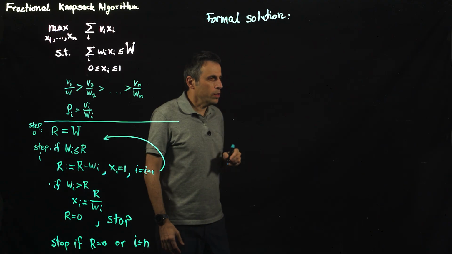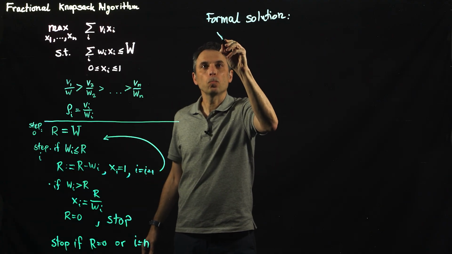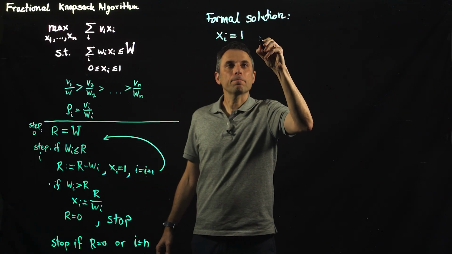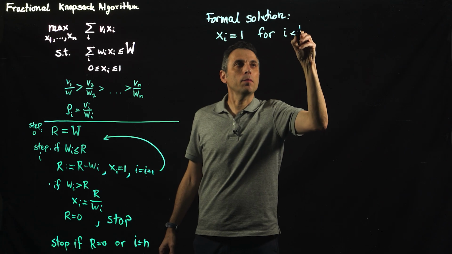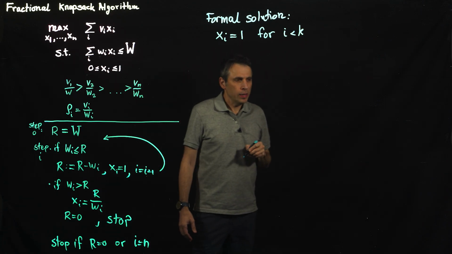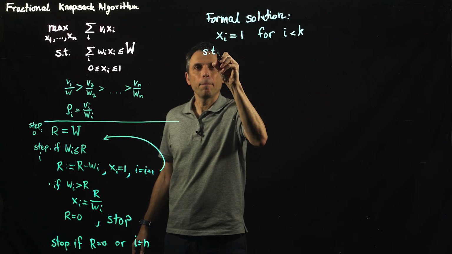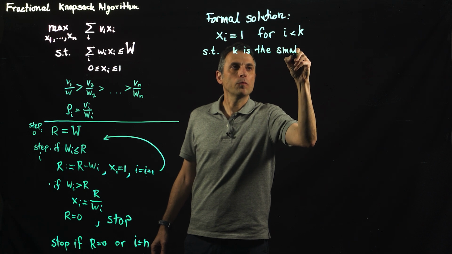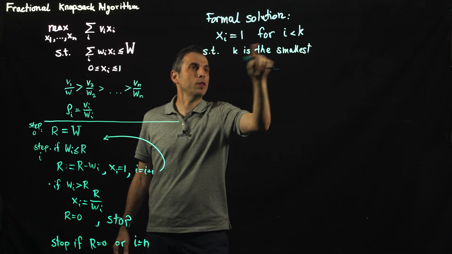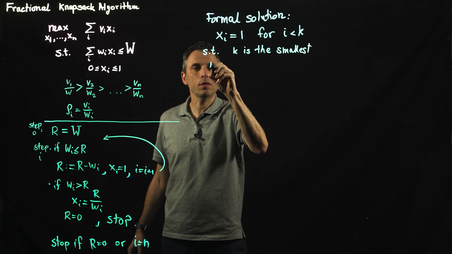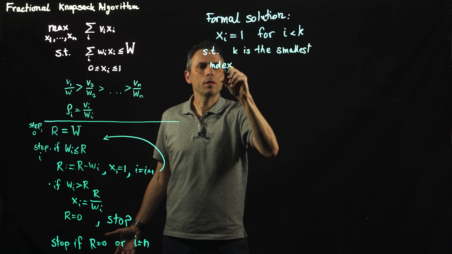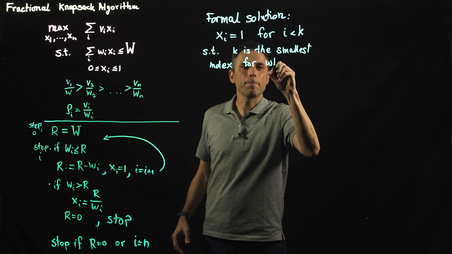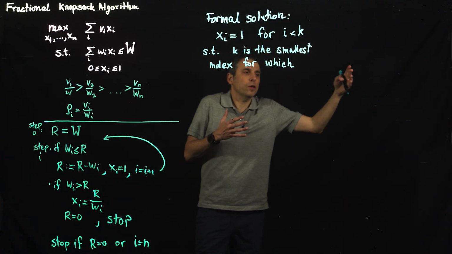We will set xi equal to 1 for i strictly less than some index k, such that k is the smallest index, or natural number index, for which we ran out of capacity.